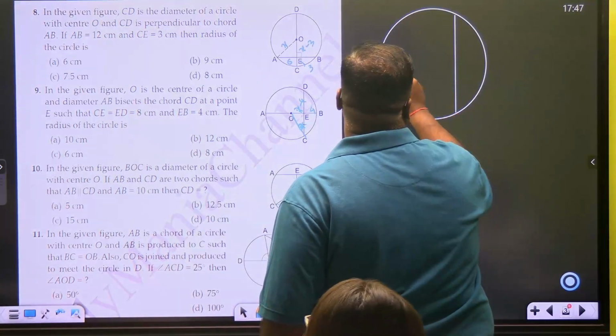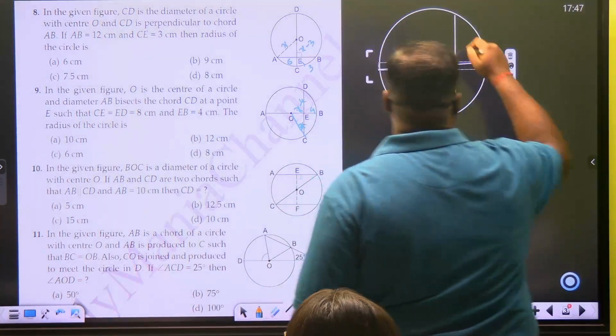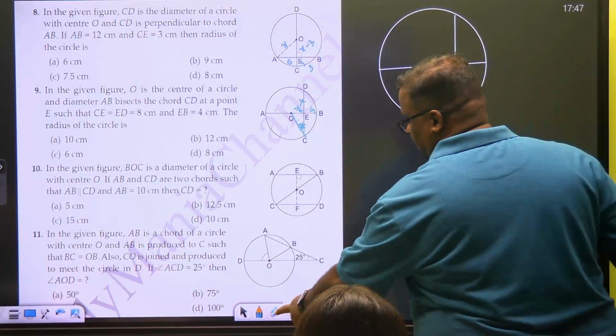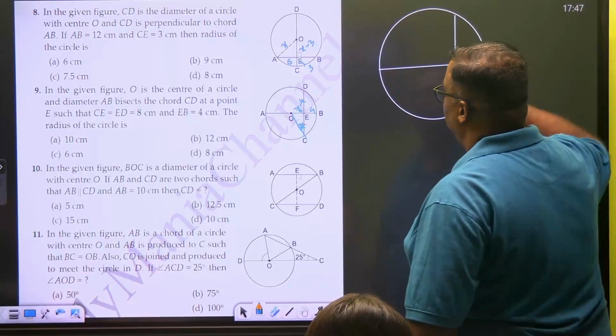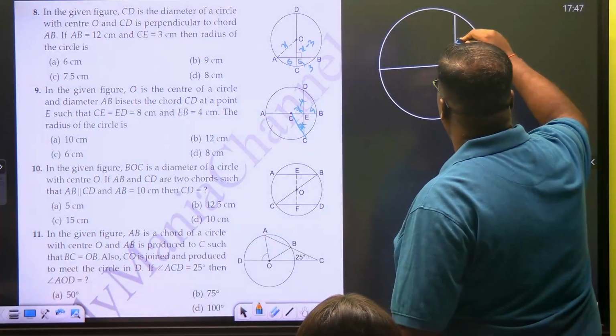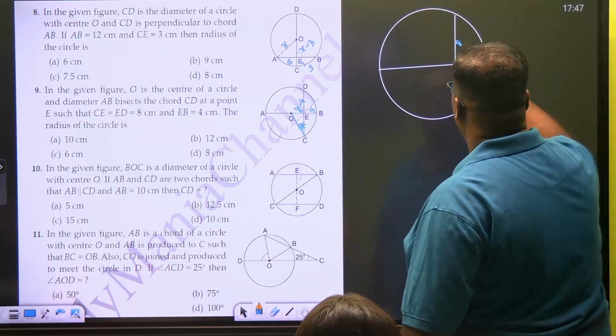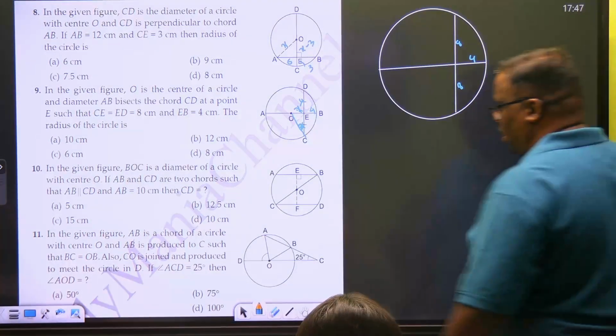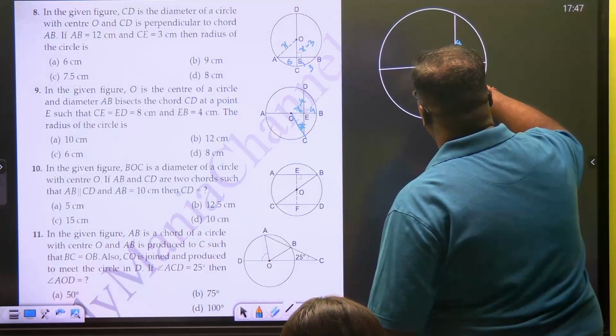Okay. Right, fine. One problem, I'll show you how this is done. So this chord is actually bisected. So if it is bisected, how much should be the measurement out here? They have said that this part is 8. This part is 8. They've also said this part is 4. Agreed? And now I need to find out how much is the radius.